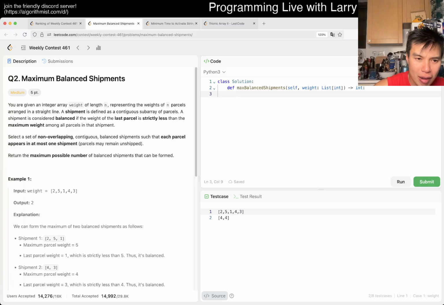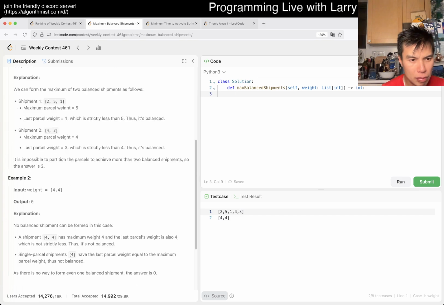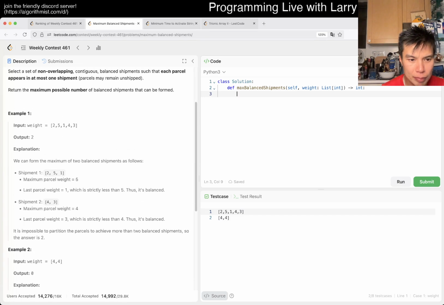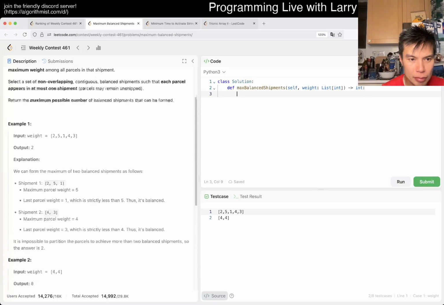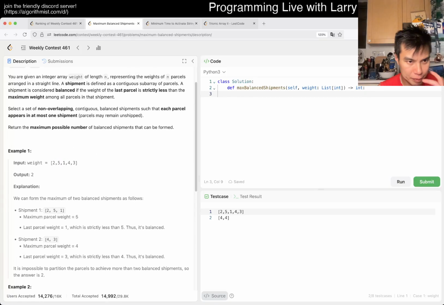Okay, so like a set of non-overlapping contiguous. Okay, so you basically chunk into a maximum number of chunks. Two, 5, 1. Okay. Well, I guess they don't have to.